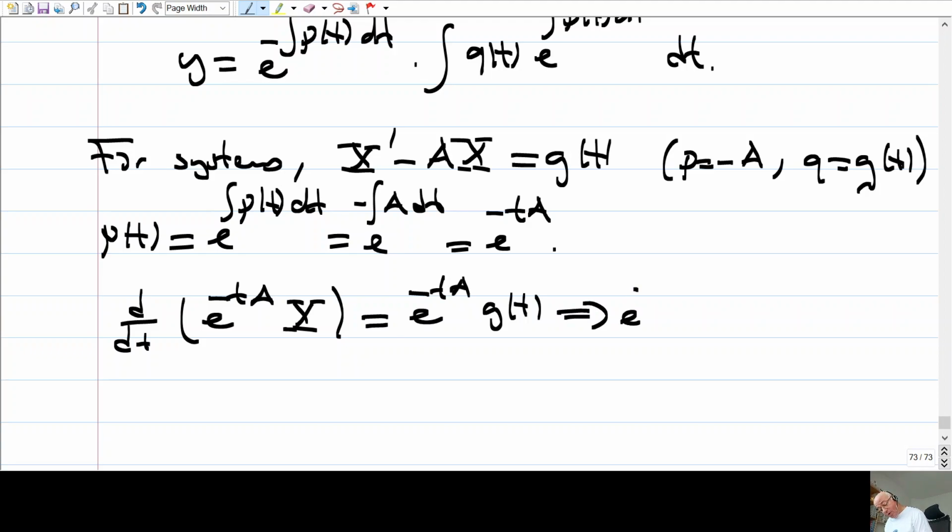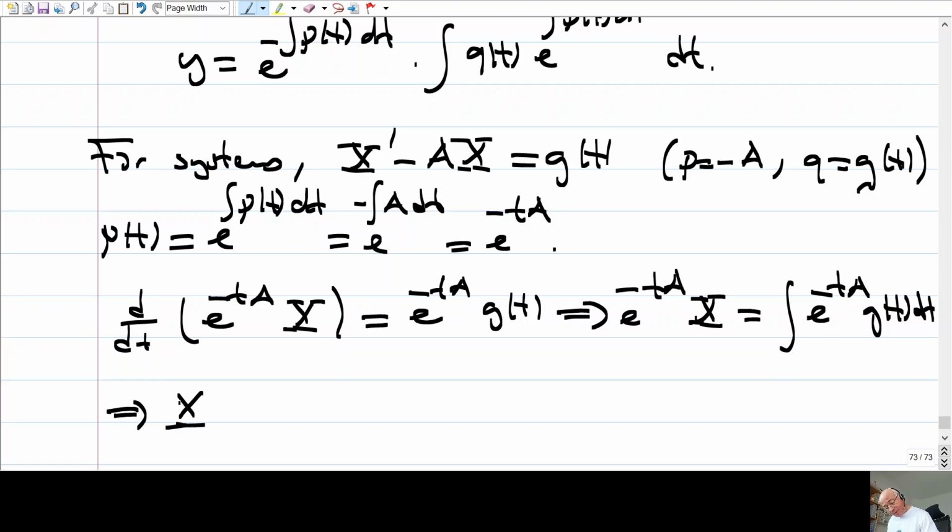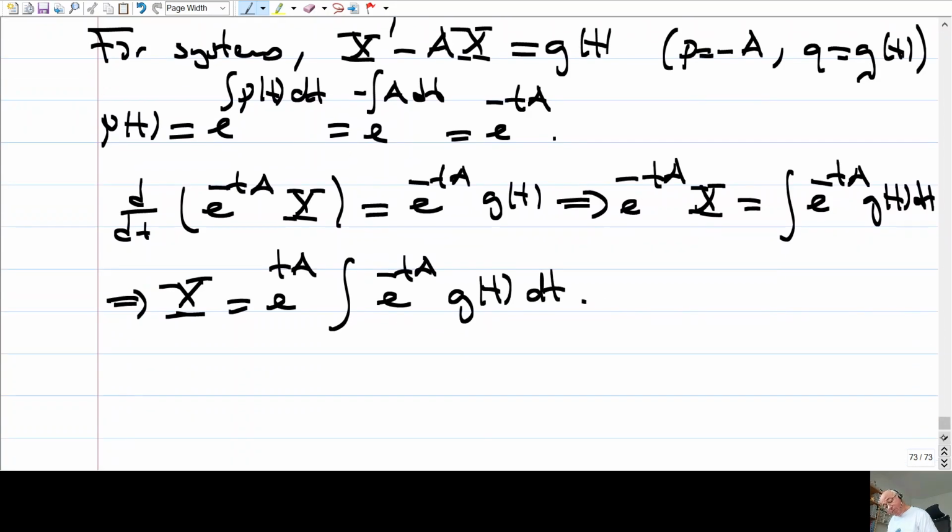So you get e to the power minus tA x is equal to the integral of e to the power minus tA g(t) dt. And from this we get x equals e to the power tA times the integral of e to the power minus tA g(t) dt.